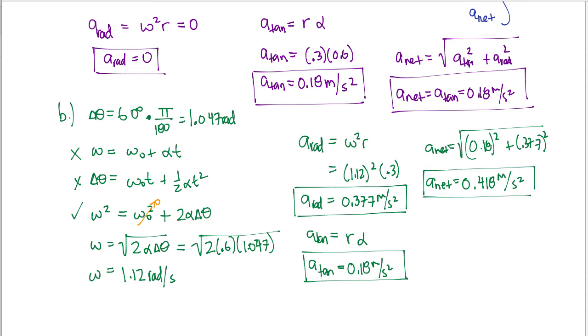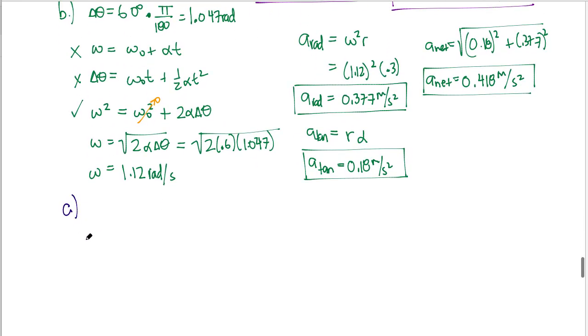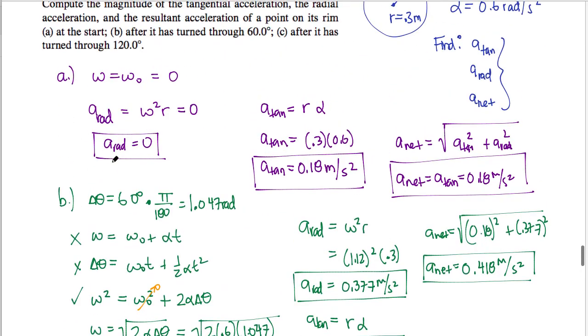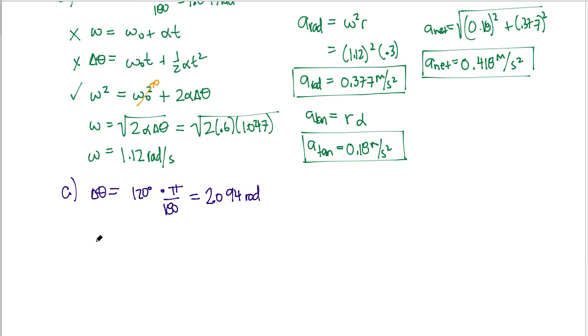Now to move on to part C, we again need to find the omega, the angular speed at that particular moment. So now it's turned through 120 degrees. So my delta theta, which is equal to 120 degrees, we need to convert to radians again. And so this is going to be pretty much twice that before. So it's 2.094 radians. And I already know that I need to use this third kinematic equation.